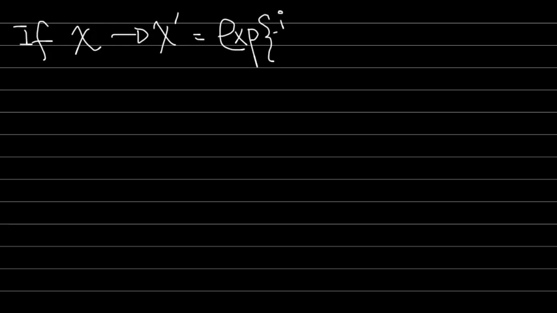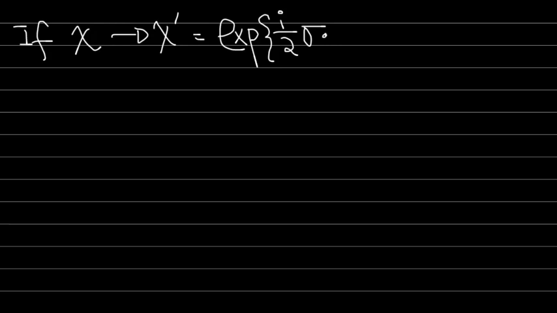Say chi, which I said are our spinors, if chi goes to some chi prime, this transformation would be equal to exponential i over 2 sigma dot theta, right?